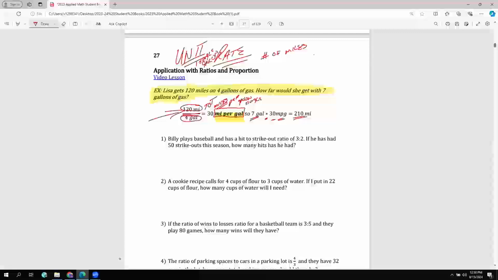Now that makes sense, right? Here's another thing I'll tell students: does that number sound reasonable to you? Think about it this way. Remember that you went 120 miles on 4 gallons of gas?